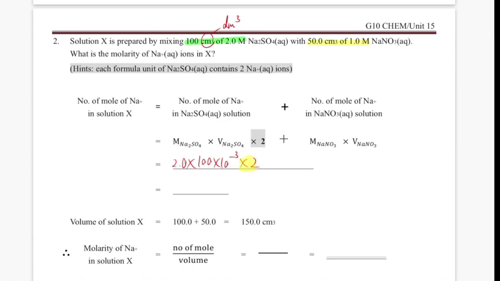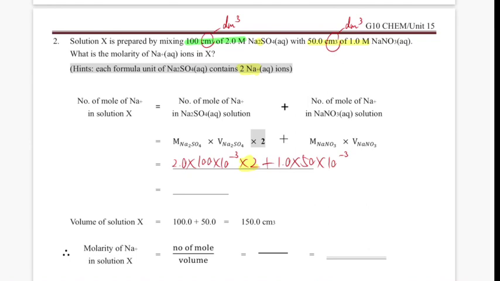That's because this subscript here contains 2 sodium ion. And then it needs to plus the sodium ion released from sodium nitrate, so it will be 1 multiplied by 50 cm cube, convert to dm cube, so it will be 50 multiplied by 10 to the power of minus 3.